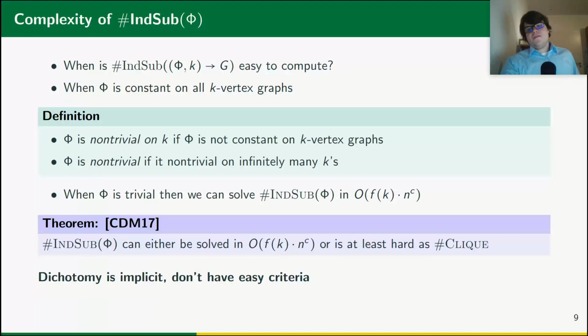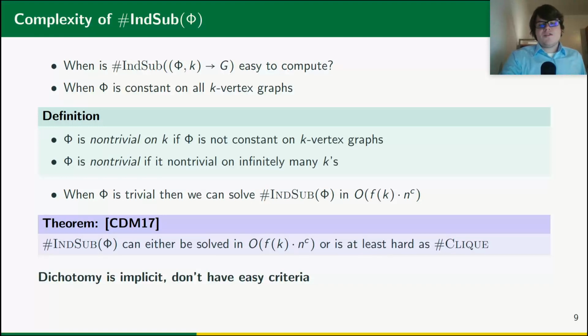And there is a famous result by Chen, Thurley, and Grohe, which states that this #Sub(phi) problem can always be either solved in this running time, so is in some sense easy, or it's always at least as hard as the clique problem.